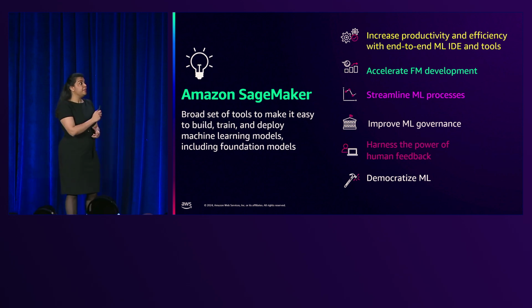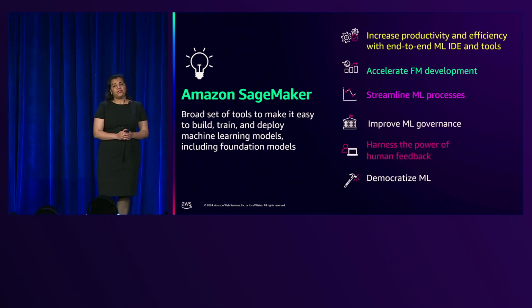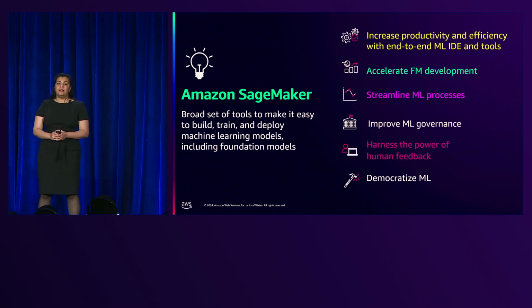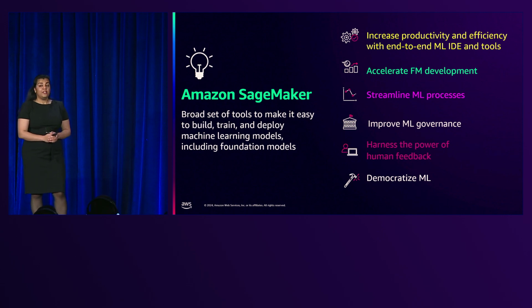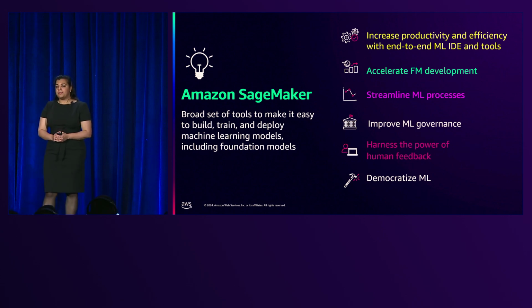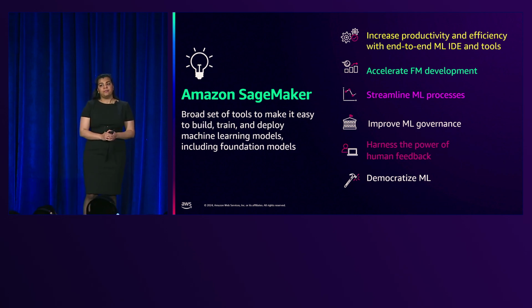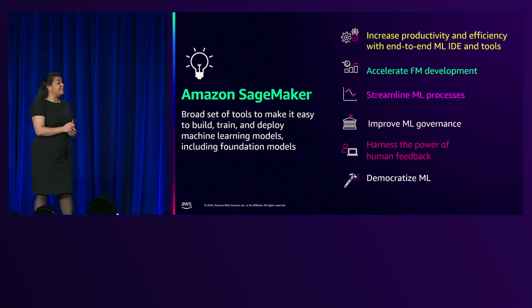You can easily train models across distributed compute, leveraging the latest hardware from AWS, as well as distributed training libraries to build machine learning models, as well as foundation models. You can streamline your end-to-end ML ops processes and apply ML governance and responsible AI, as well as harness the power of human feedback and democratize machine learning for all. That's where we'll spend most of the time.